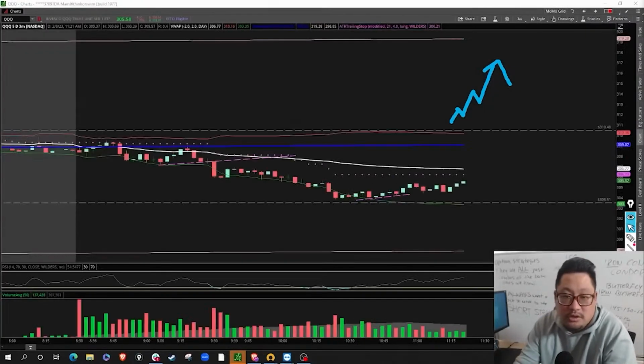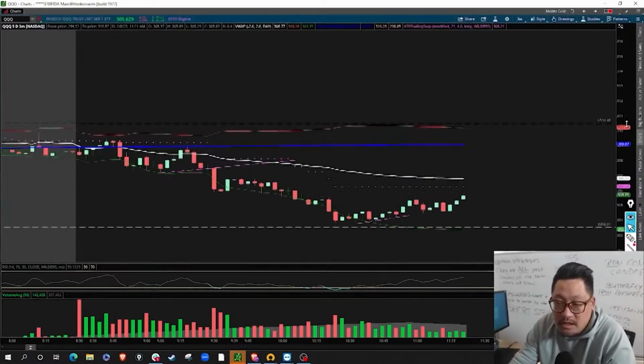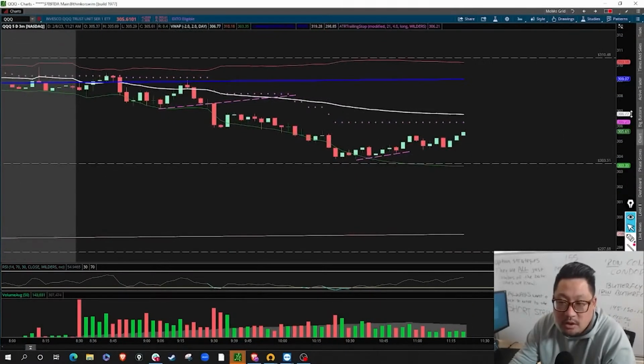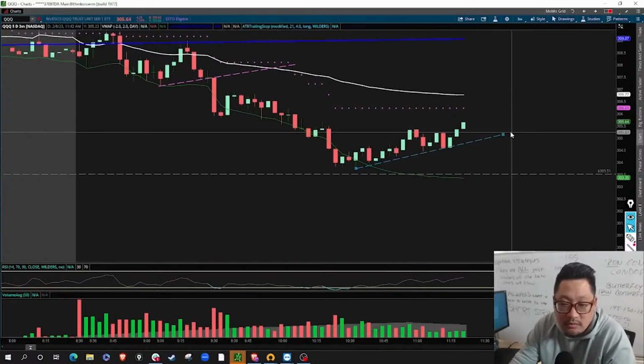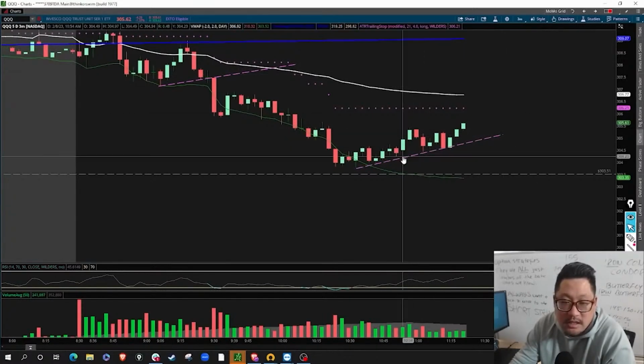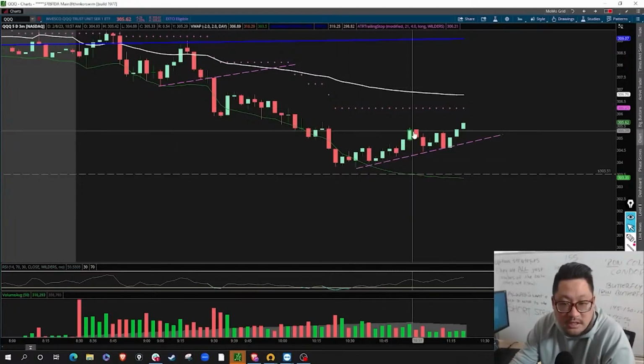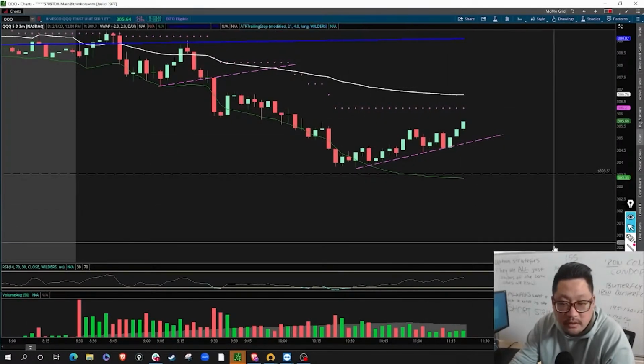Now, I also want you to always cross-reference with what the market is doing. It's going to be very hard for a stock to go down if the overall general markets are starting to rally up. As you can see, the NASDAQ here, or the Qs, have started to hit a reversal of trend off the lows.